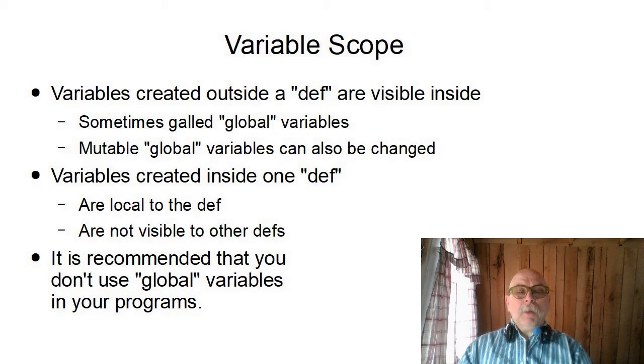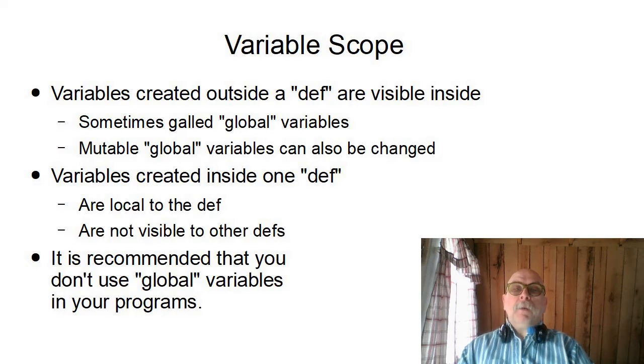The problem with global variables is, well, it kind of breaks the whole idea of encapsulation. It breaks the whole idea of the definition being this reusable thing that you don't have to know how it works, and that it doesn't care what your variable names are outside. Because if you're using global variables, it does matter what the name of your variables are inside the definition.